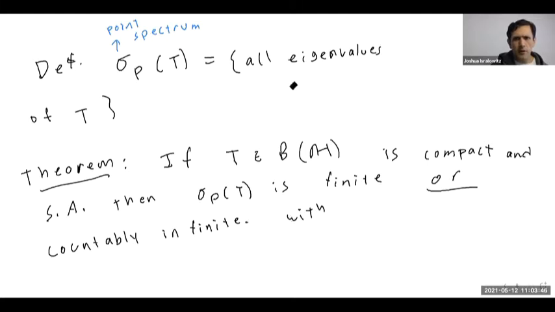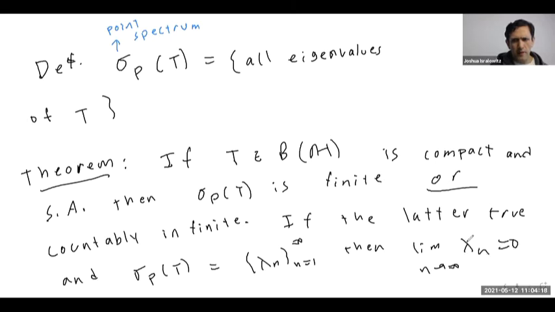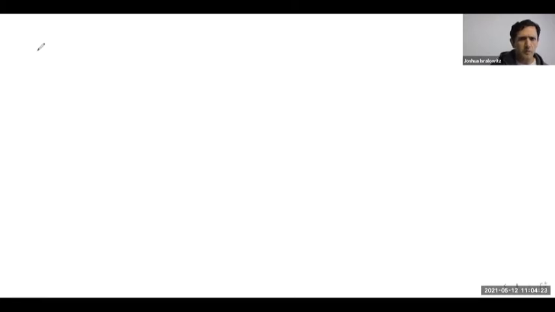Right. So if the latter is true, and if we enumerate this by lambda n, then the eigenvalues have to approach 0 as n goes to infinity. Right. So let's prove this.